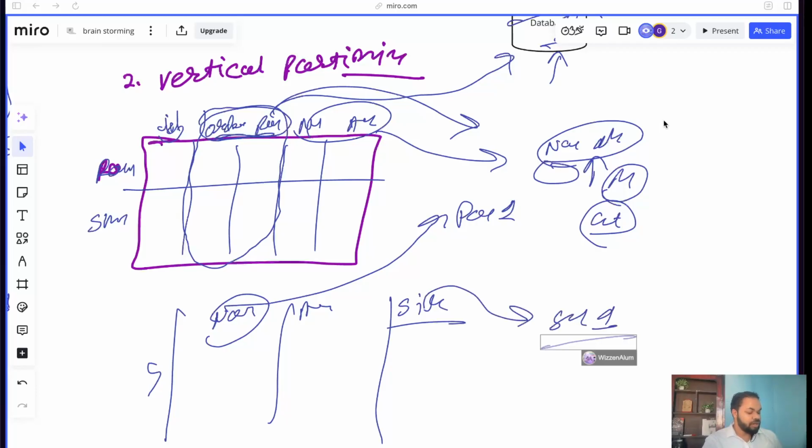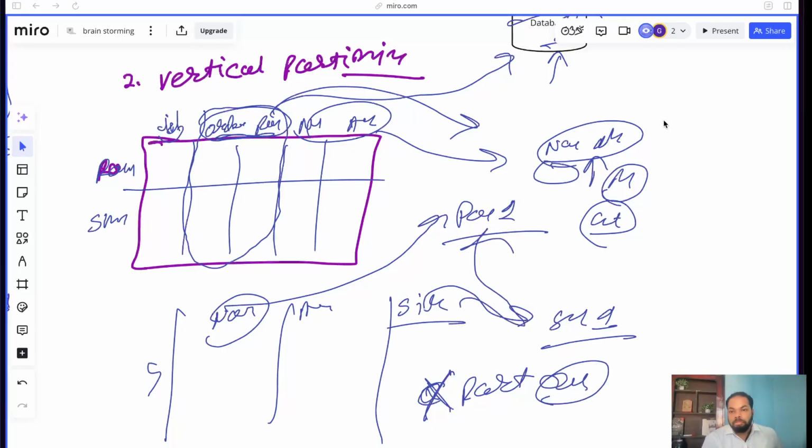So whenever someone asks for their name, you will be doing a cross partition query. So you have to make a query for both of them. That is an extra and nonsense thing to do, because now your system will be making multiple queries to get the data, and that will increase your latency.